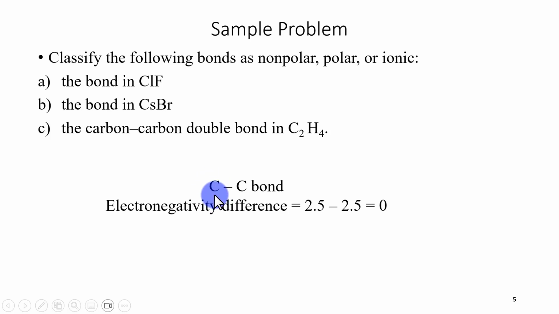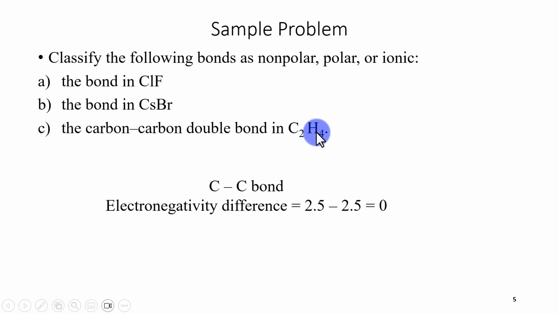So this carbon has 2.5, but so does this one. So the difference then is 2.5 minus 2.5, giving me 0. And therefore, if I follow my rule of thumb table, it is a nonpolar covalent bond. If I were to look at the CH bond, carbon has a 2.5 electronegativity value.